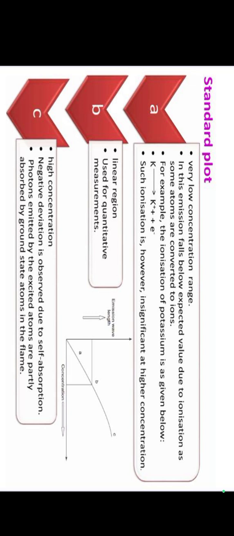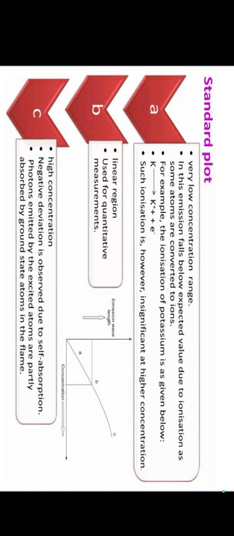Such ionization is, however, significant at higher concentration. B denotes the linear region used for quantitative measurement. C represents high concentration, negative deviation. Photons emitted by the excited atoms are partly absorbed by ground state atoms in the flame. This is the graphical representation.